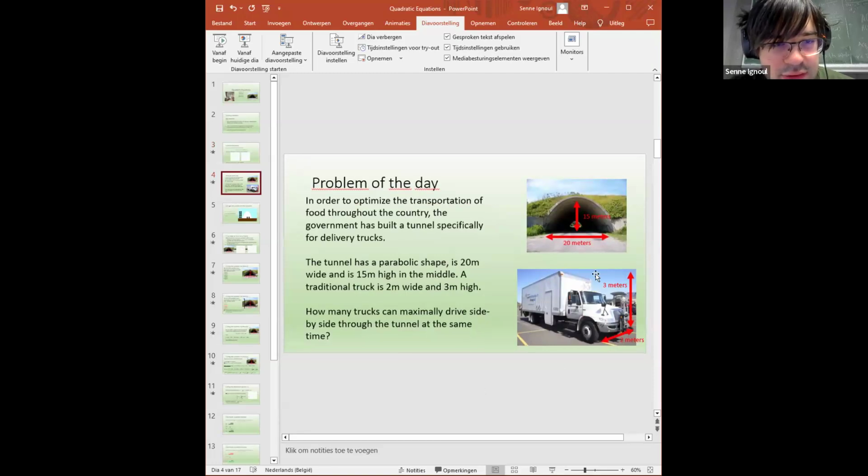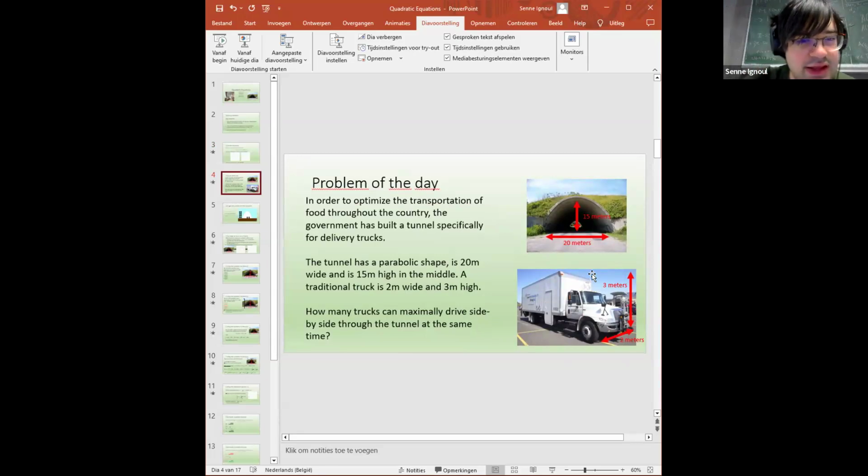So here we have the tunnel. Here I have a task. I think I will be able to send it. Let me check for that photo. Then I'll be able to send it. If you send it, I can change it, and otherwise we can use this one, I think.